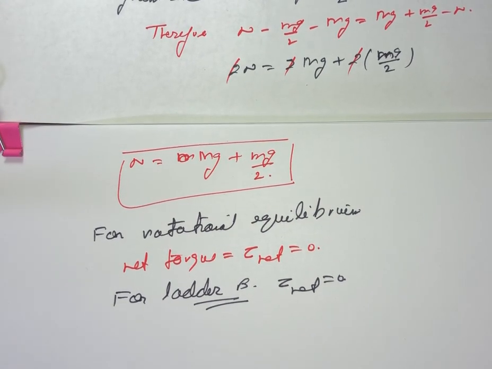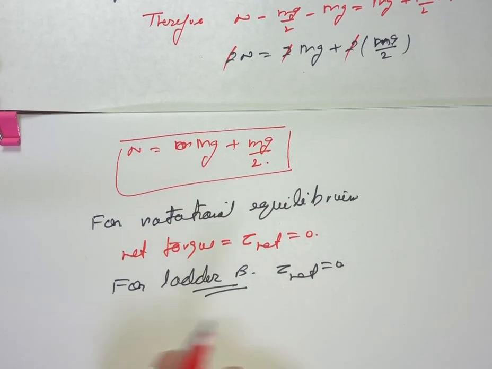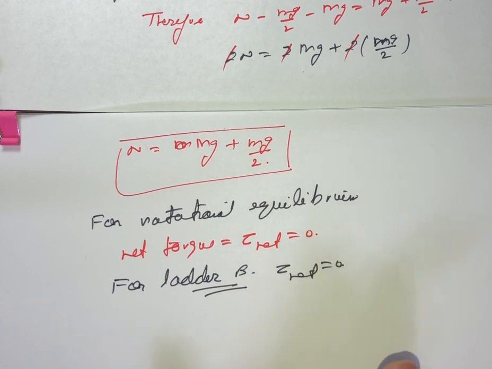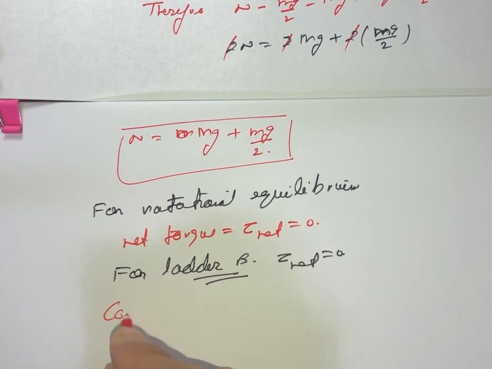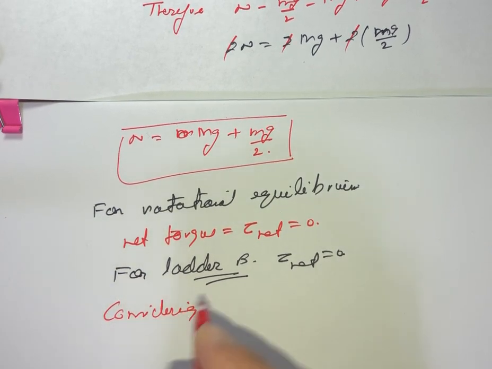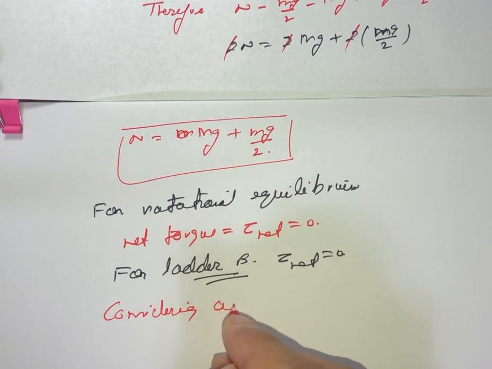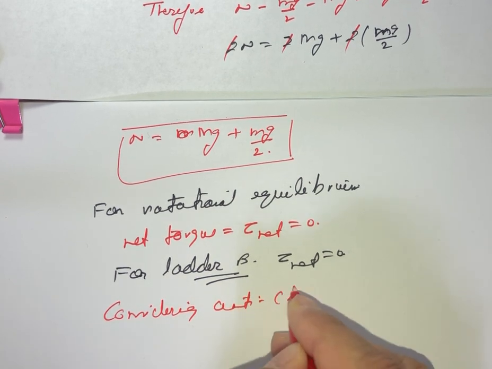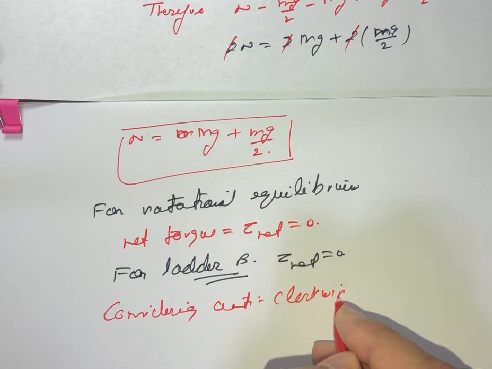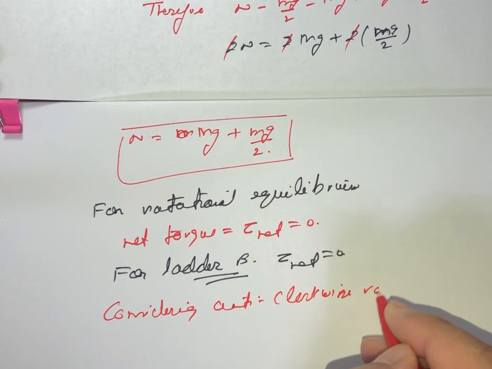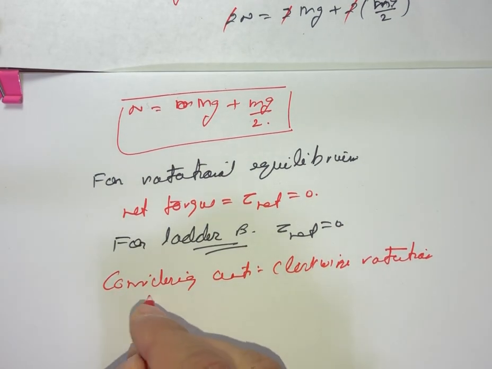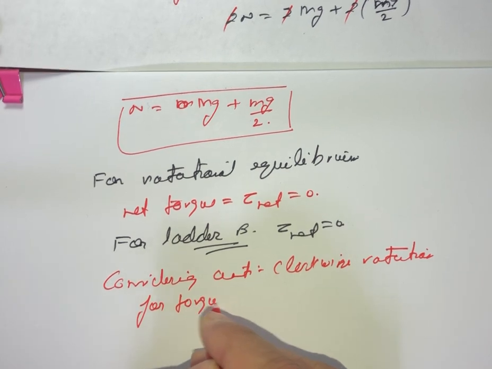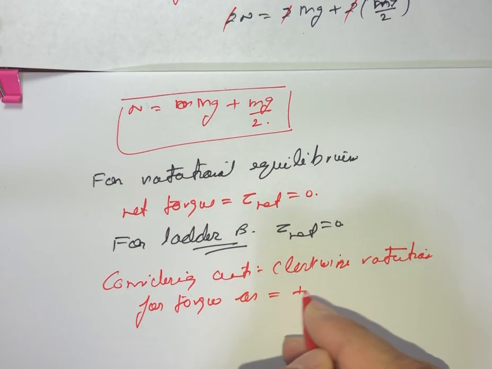And in this case, we are going to take that in case of anticlockwise direction, the torque is taken as positive, considering anticlockwise rotation for torque as positive.